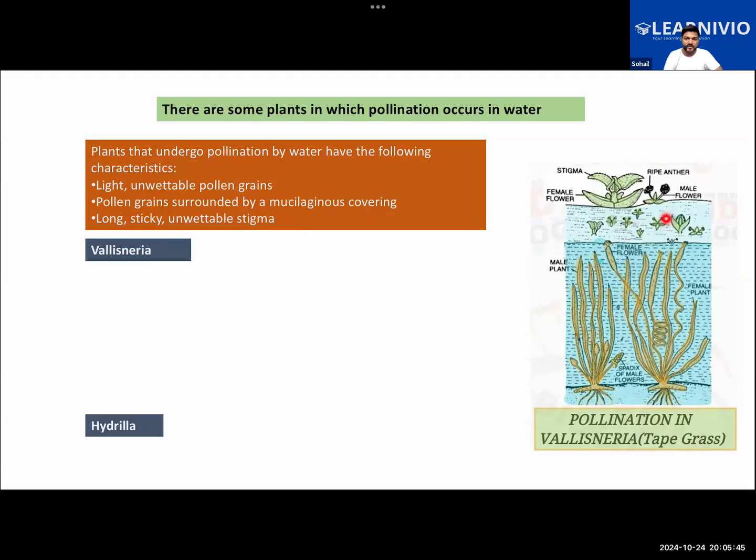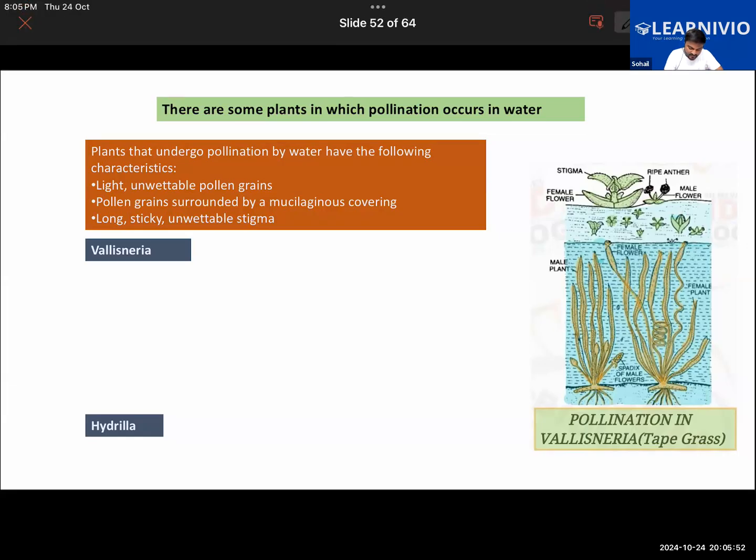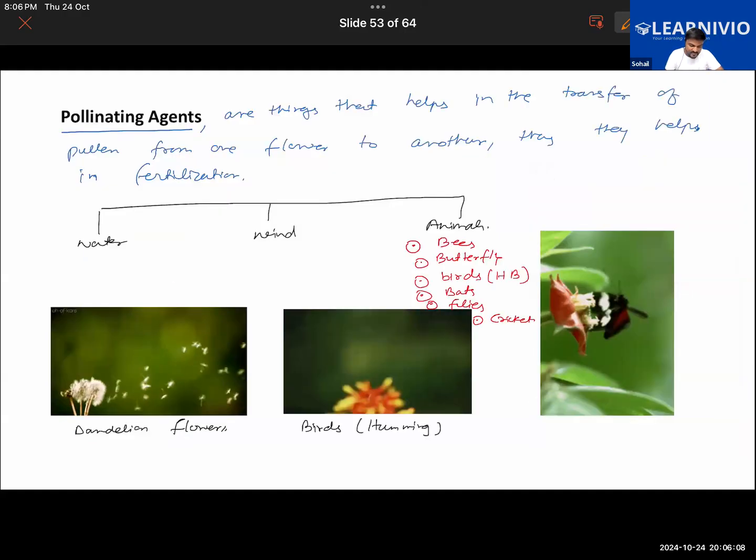And due to the movement of the water, when these two flowers come in contact, the pollen grain from the anther of the male flower will go into the stigma of the female flower, isn't it, Fatima and Razan? Yes, sir. So that's how pollination will take place. This happens in Vallisneria and Hydrilla. Those were some special cases.